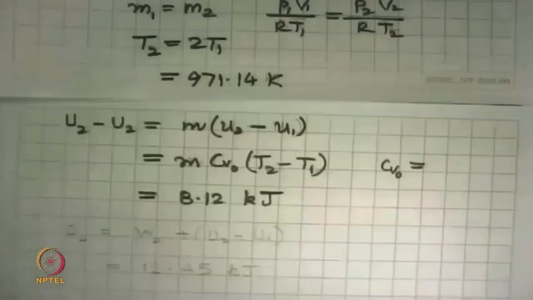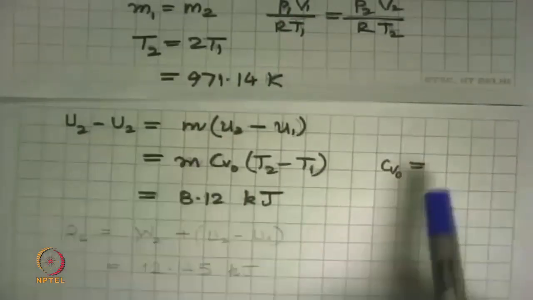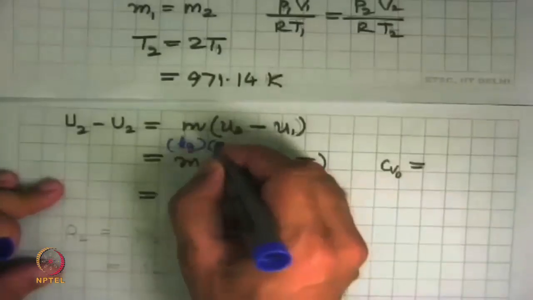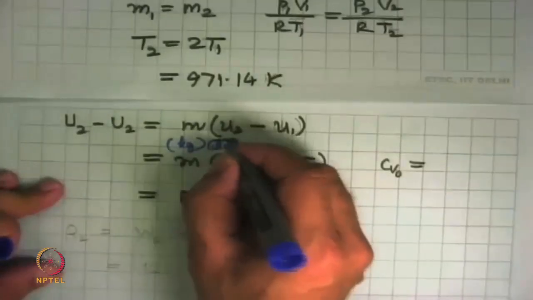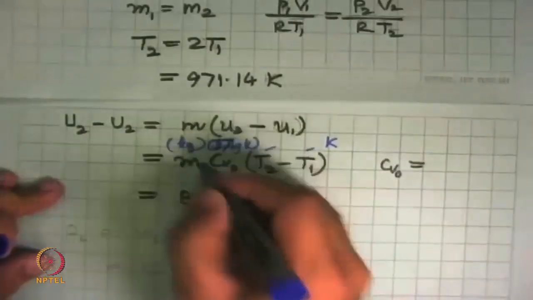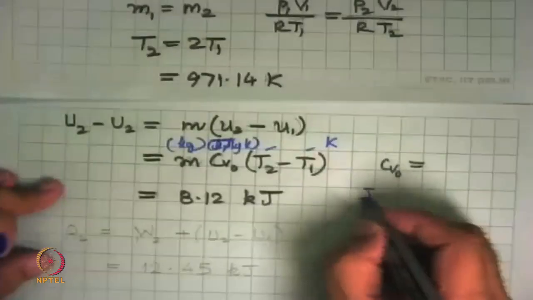Please remember that units have to be maintained in this calculation when you write everything. Mass has to be in kg, Cv0 is say joules per kg per Kelvin, and both temperatures in Kelvin. So if this was joules per kg Kelvin, your U2 minus U1 will be in joules.